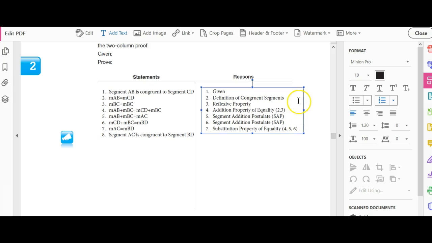Okay. And then our last statement, 8, since these segments had the same measure, their property of measure, now we want to talk about the objects themselves, so that would be, again, moving between the properties of an object and its object, which would be the definition of congruent segments. Same thing that we used up here to go from objects to properties, and now from properties back to objects, and that's the definition of congruent segments.